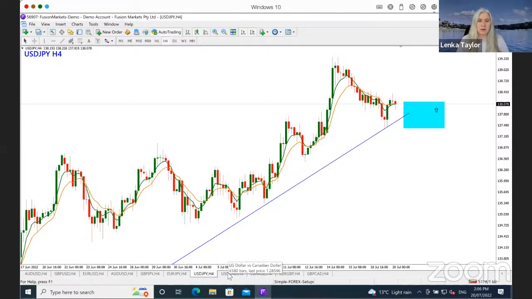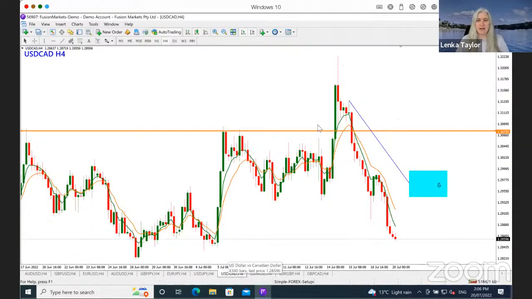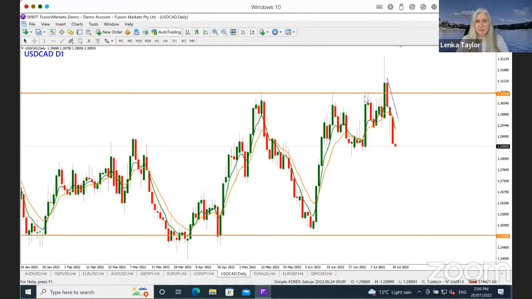Next currency pair I'm looking at is USD CAD, and USD CAD I'm looking at short. So we're at the top. We've had those 1, 2, 3, 4 attempts to break through that level of resistance and came off, and we are in that downtrend now, possibly hitting a little bit of that support level there.